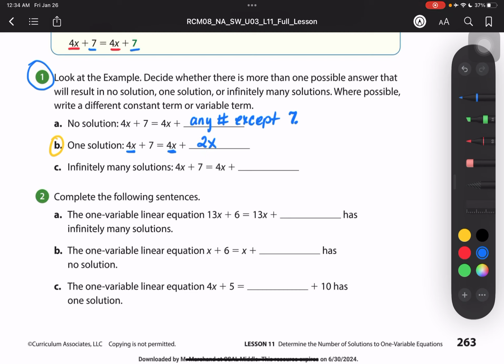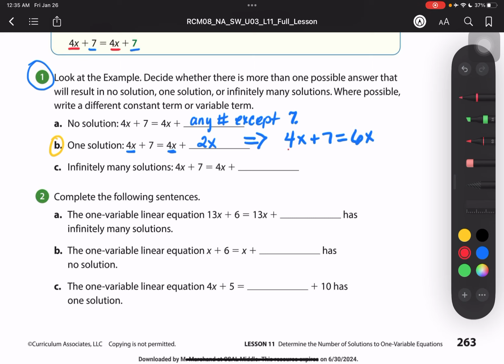You could put just x. You could put 5x. You could put negative x. Any number besides 0x. But it has to have a variable on the end that's x. Okay, because the coefficients will be different. Because if I add these up and combine them, I'll have 4x plus 7 equals, combine 4x and 2x, and you have 6x.